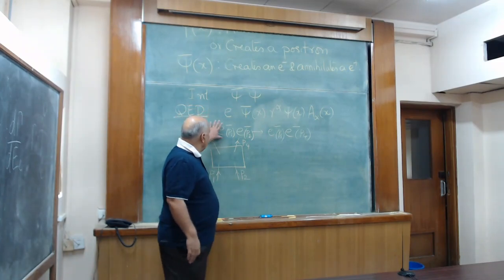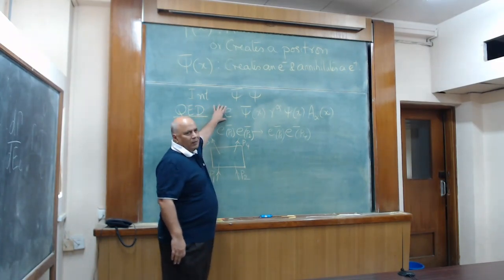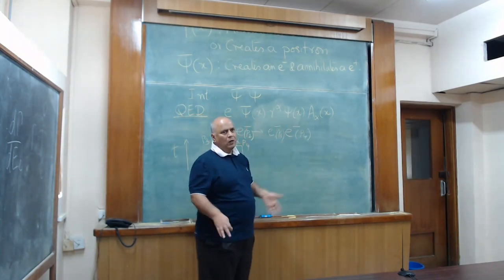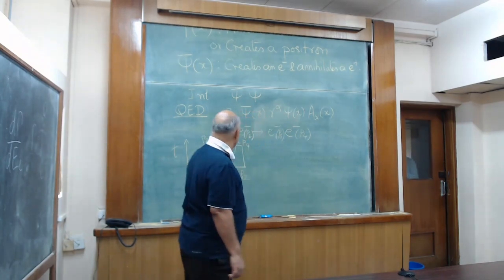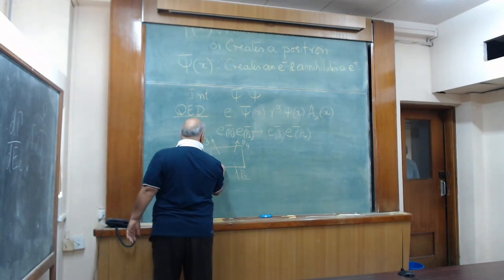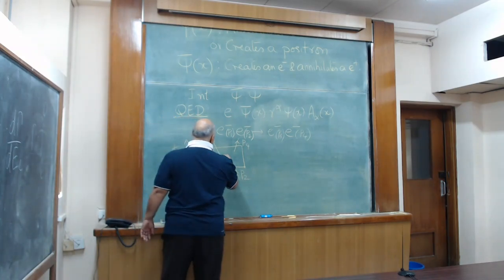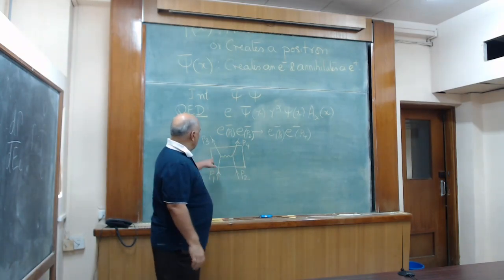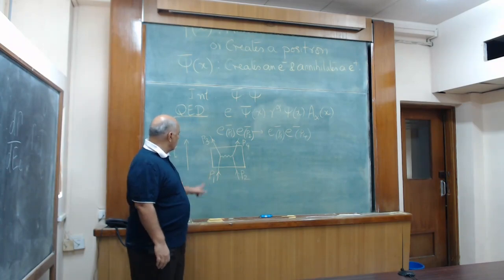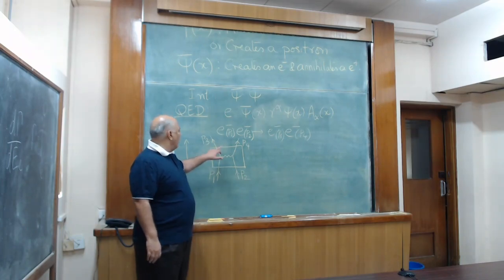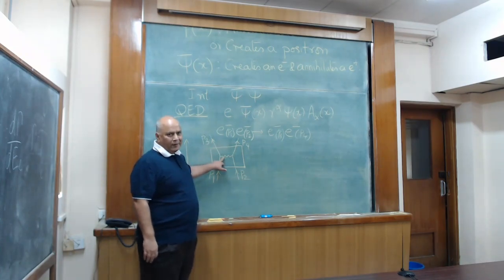Now, based on this hypothesis that interactions are local and they are of this form, what are the possibilities? Possibility is this P1 electron is connecting to the P3 electron and a photon is emitted. The P1 electron is annihilated at this point, and at the same point the P3 electron is created and a photon is created.